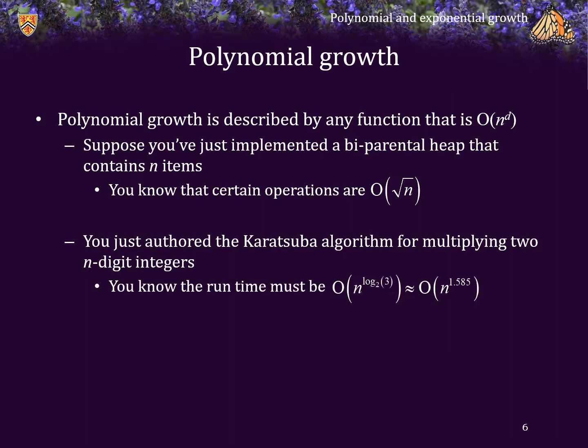You may be aware that the runtime of this algorithm should be big O of n to the log base 2 of 3. So in the first example, we have n to the 0.5. In the second case, we have n to the 1.585, at least approximately. So both of these implementations should demonstrate polynomial growth in runtime with respect to the problem size.